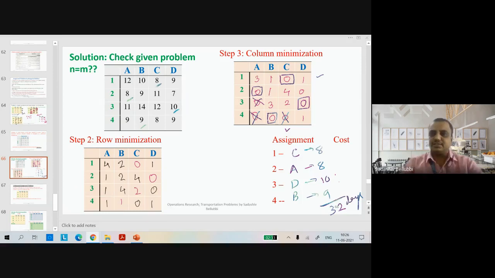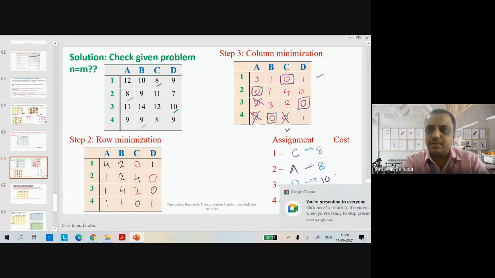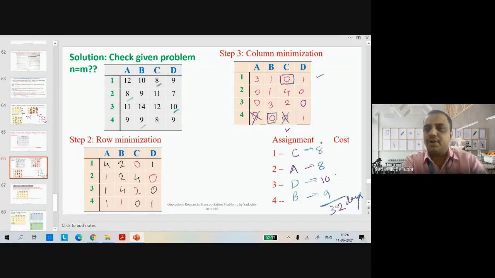This is one answer. Because some people will think, why should I assign that only? I'll go for 2 to D instead of assigning 2 to A. If you go for 2 to D, then these two will cancel, and this is one more.